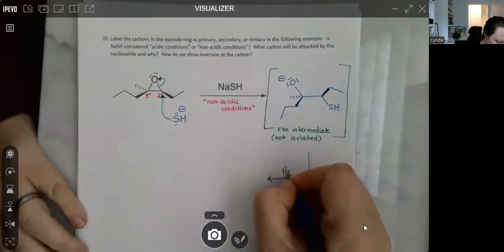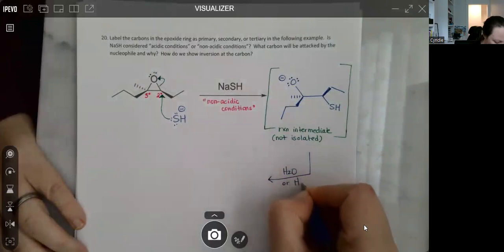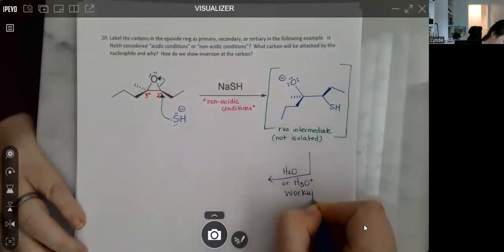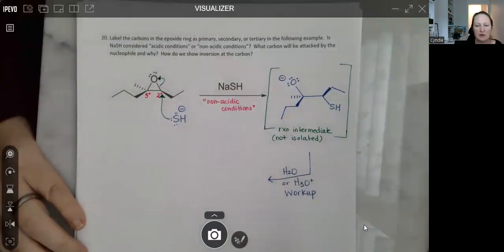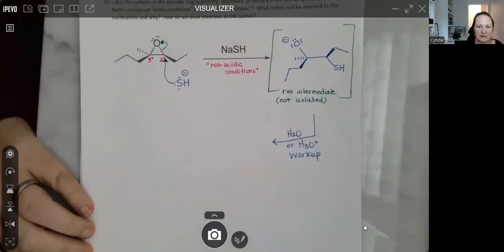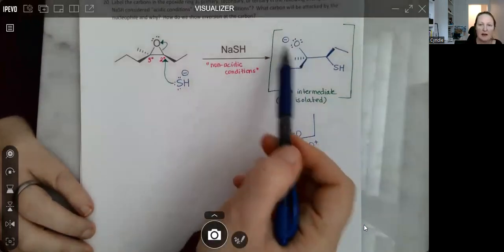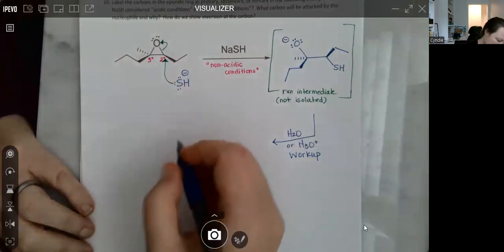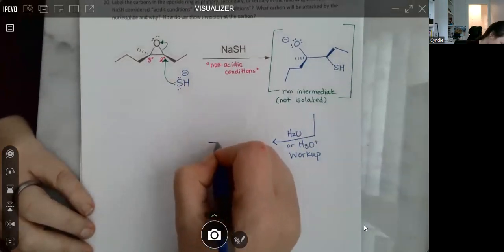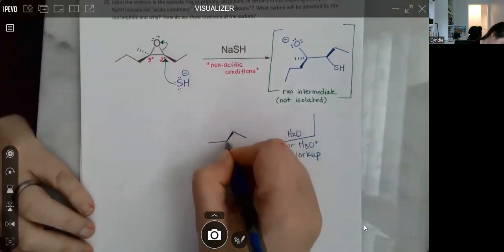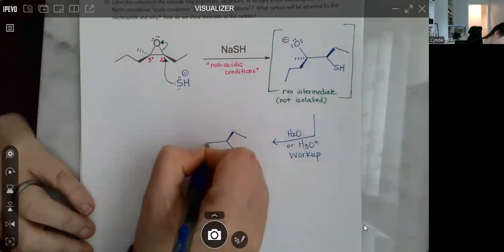So water or H3O plus workup. Water works just because it's in huge excess, but H3O plus is more acidic, so it would also work to protonate that alcohol. So we would get the same product, right? We just want to draw OH instead of O minus.